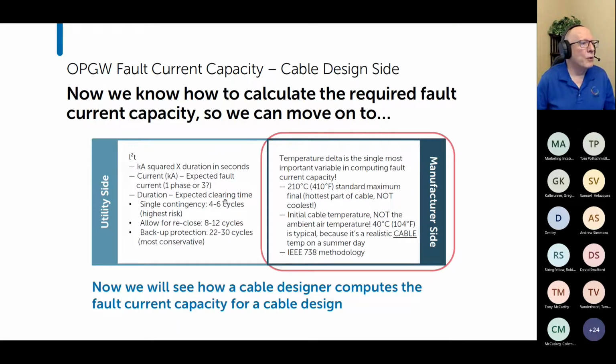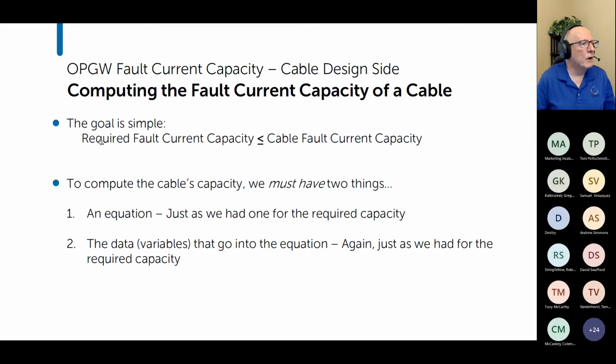All right, so we've learned how to calculate the required fault current capacity, and we can move on to how the cable designer works with that capacity to come up with a rating for a particular cable design. The concept is simple.